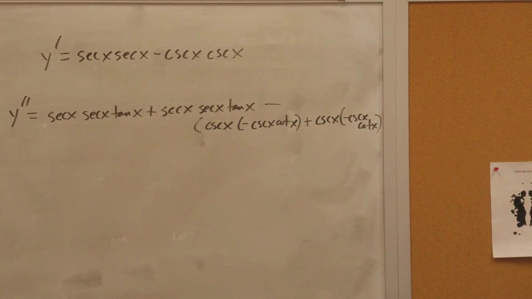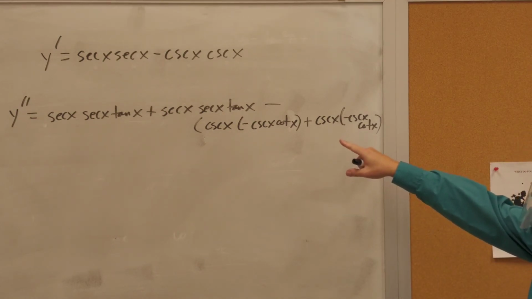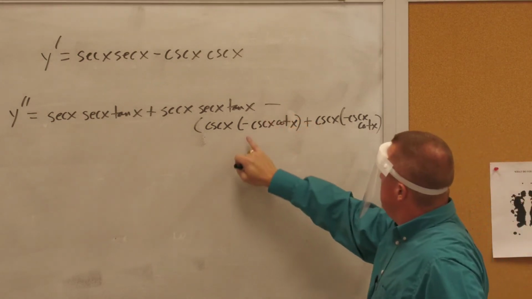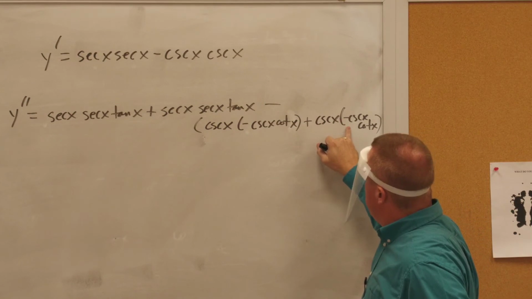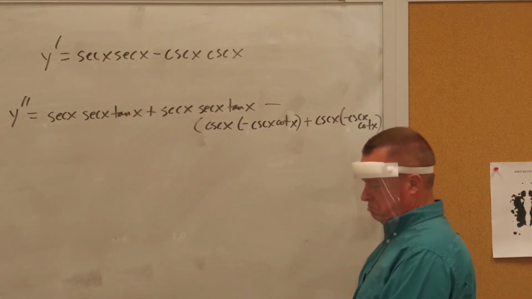Okay? This will reduce a little bit here. All right, so let's see. 2 secant squared x tangent x. And then here I've got minus a negative and minus a negative, so plus 2 cosecant squared cotangent. That's my answer.